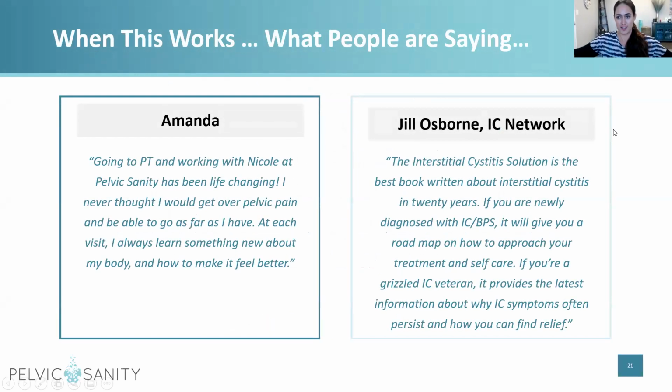When this works, you guys, people say things like this. It's life-changing. I never thought I'd get over pelvic pain and be able to come as far as I have. At each visit, I learned something new. This is what you should be demanding of your healthcare practitioners. The interstitial cystitis solution. I hope it's helped many of you to take this back and hold your clinicians' feet to the fire.